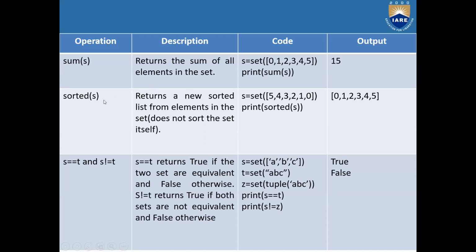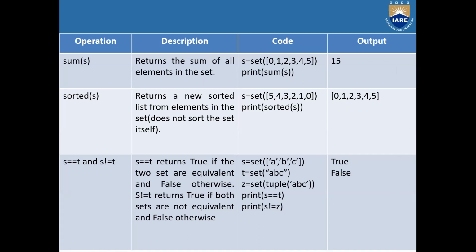Next is sorted. Okay. What does sorted do? What is the use of it? It arranges elements in ascending order. Yes. Okay. Next one is S is equivalent to T and S is not equivalent to T. That is nothing but when the two given sets are equivalent to each other, it will be returning a true value.